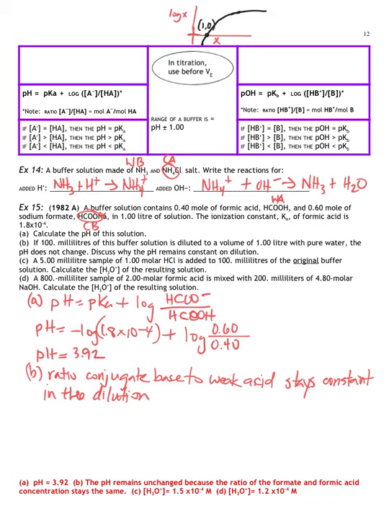So I'm going to write a neutralization reaction in an ICE table because I see that there's going to be probably a limiting reactant scenario. So you've got hydrogen ions reacting with the conjugate base, which is HCOO minus. It's going to form the weak acid, HCOOH.